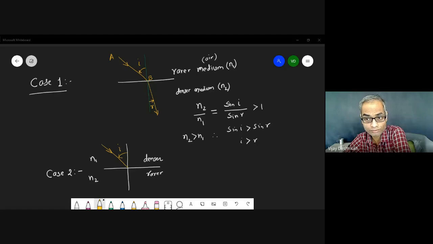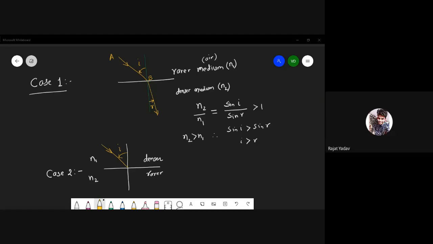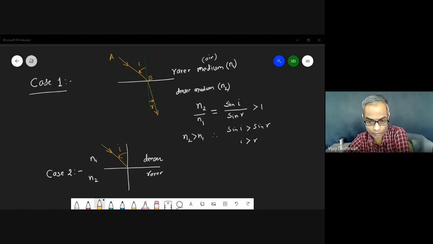Yeah. It will move away from the normal. Very correct. Very correct. So it will move away from the normal.